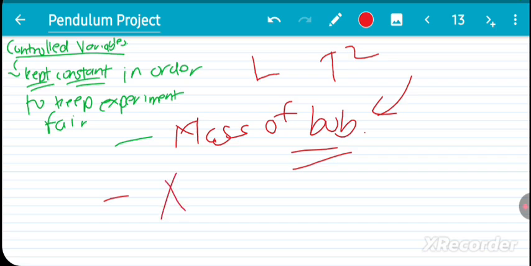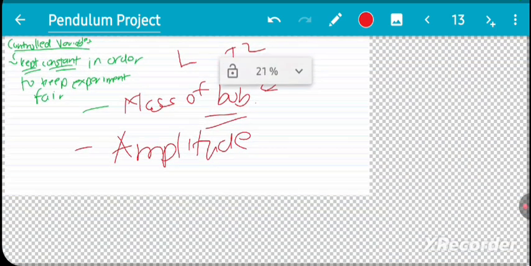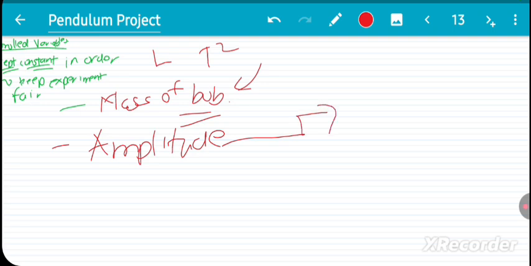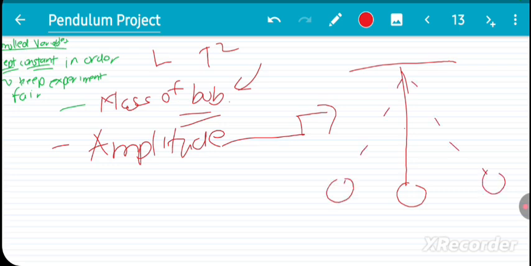You also want to keep the amplitude constant. Let's talk here for a few seconds regarding amplitude. This is a simple setup. This is a simple pendulum, and this is your displaced amplitude.